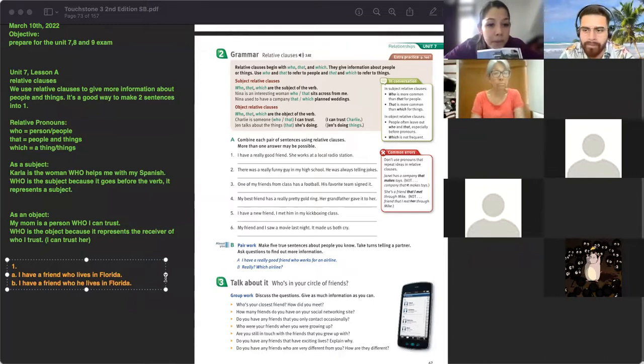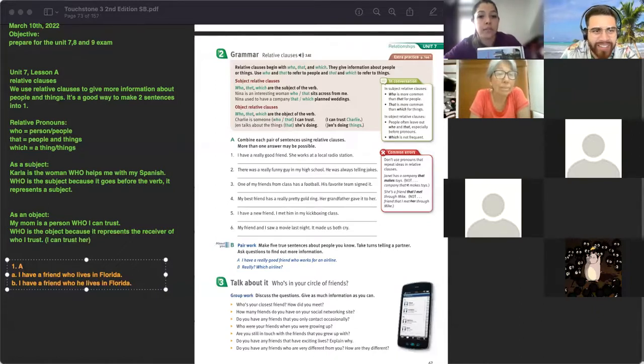Letter A. Letter A, right? Exactly. Can you tell us why? Or it's kind of difficult to explain? I think because the friend is in the first part, it's not necessary to repeat he.